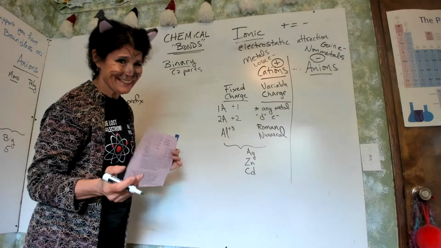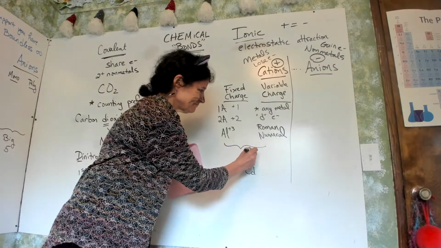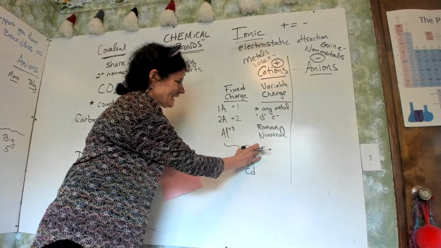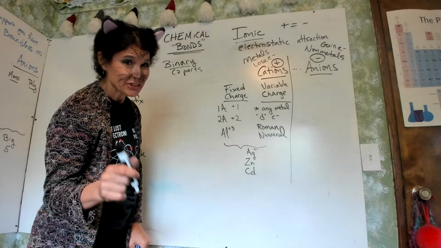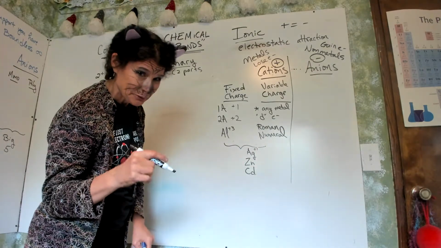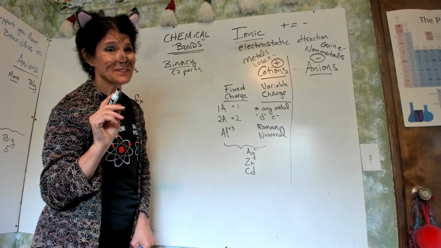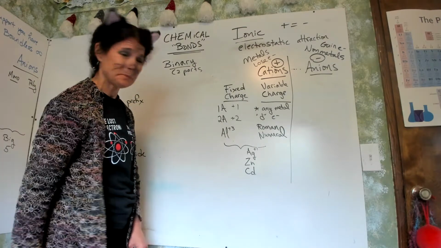Silver, 99% of the time, is a +1. And so they don't give it a Roman numeral. However, if you actually go into the big book and read the rules, it gets a Roman numeral. So you're going to see sometimes it has a Roman numeral, but sometimes people leave it off.